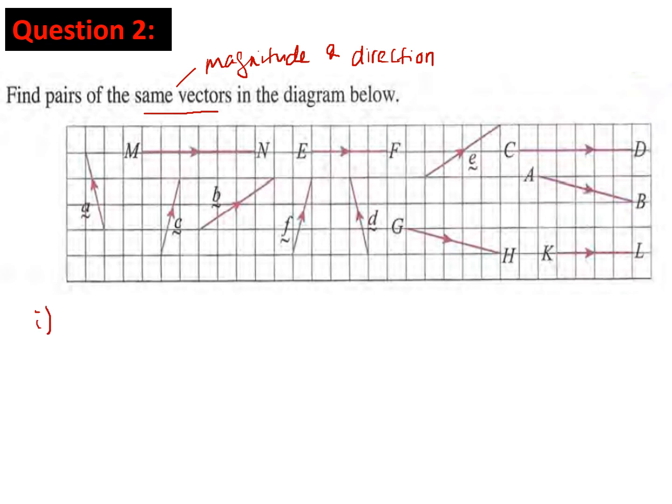Okay, number 1. Vector a has the same direction and same magnitude as vector d. Vector MN has the same magnitude and direction as vector CD. Vector c is equal to vector f.